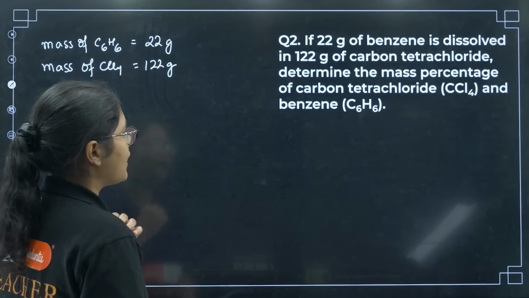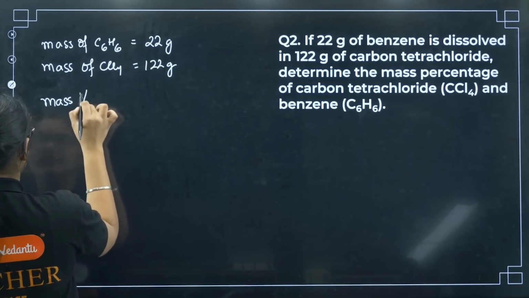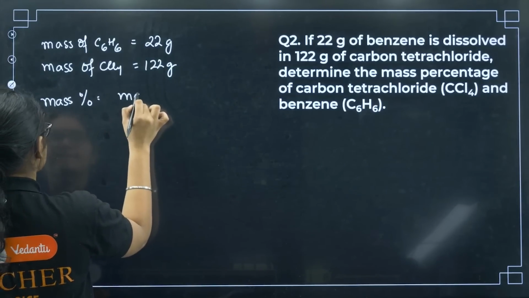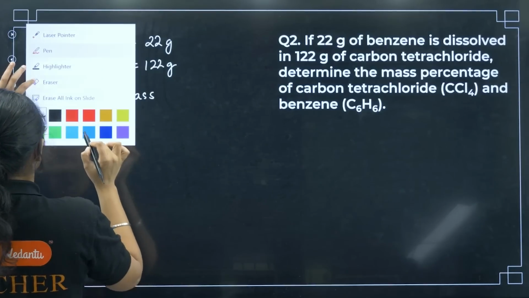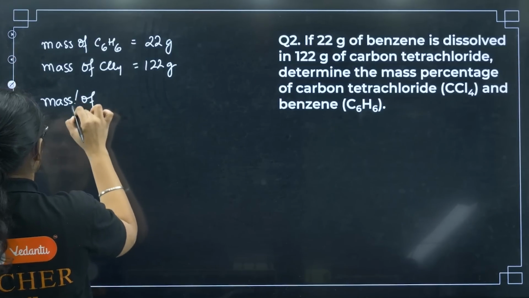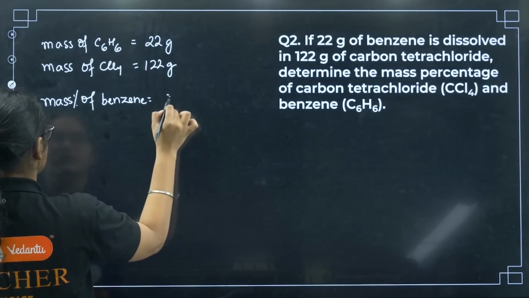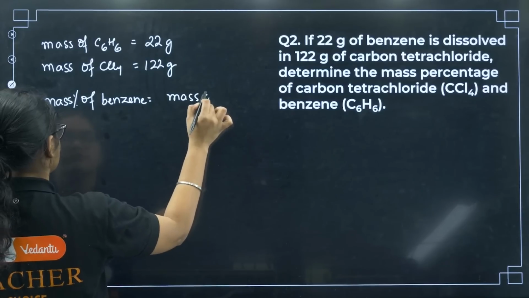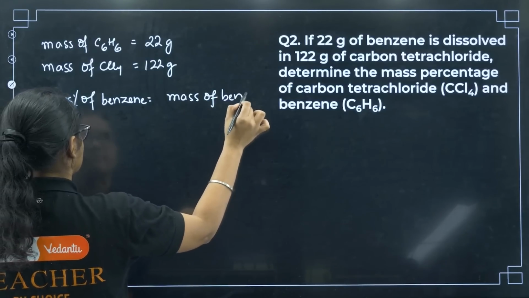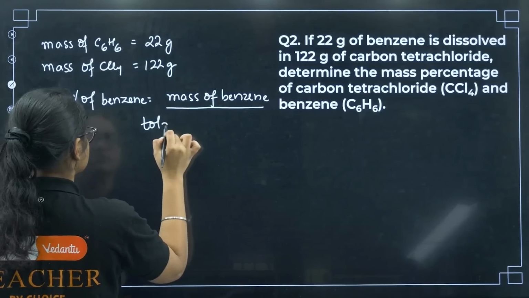Now I have to calculate the mass percentage. So what is the mass percentage formula? Whose mass percentage do I want to calculate? The mass percentage of benzene is equal to the mass of benzene by the total mass of the solution.